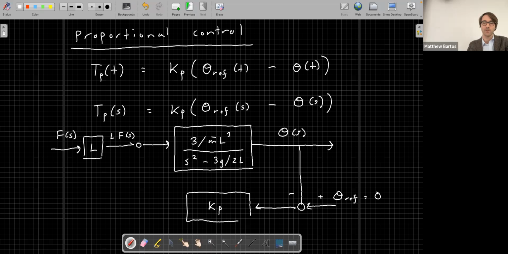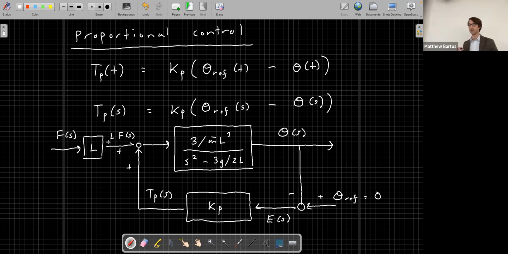After we feed that error into our controller, we take the output of the controller and feed it back as an input to our system. This is the control torque, which I'll call Tp of s. These get summed together at this junction here, so we're adding the motor torque along with the disturbance torque together, and that will force the system.